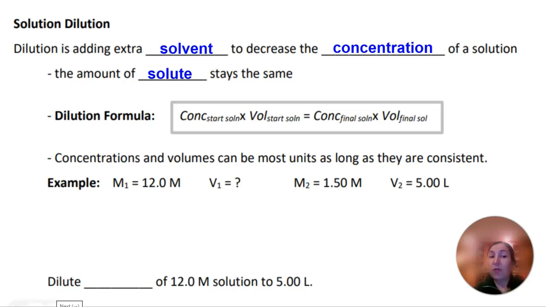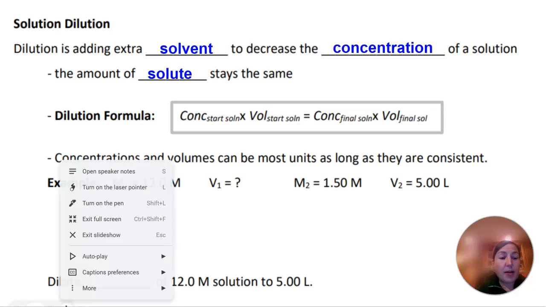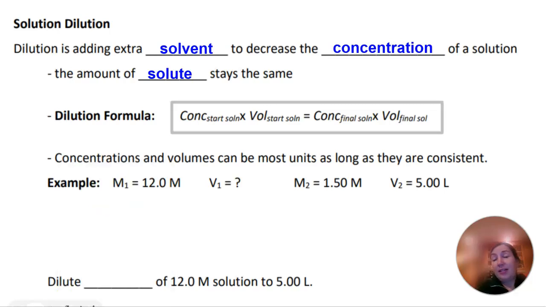Oftentimes folks use a formula for dilution. They'll have the starting solution concentration times the starting volume, and then set that equal to the final solution concentration times the final volume. It's written differently in different avenues of science even.